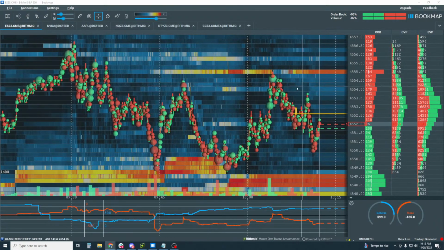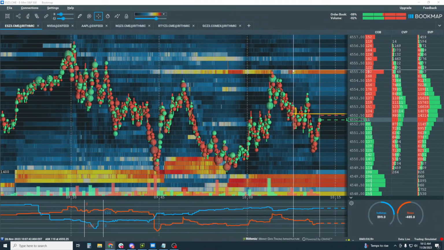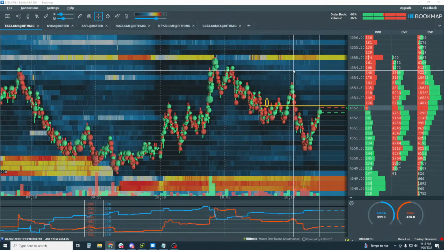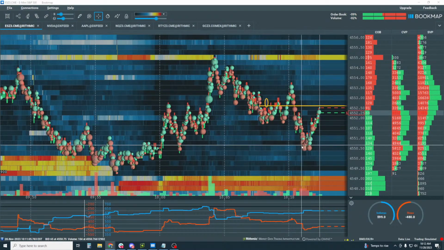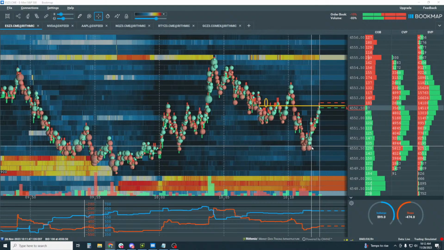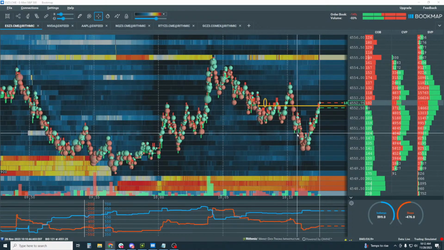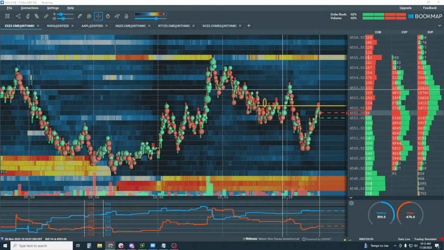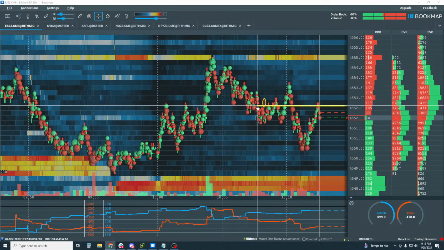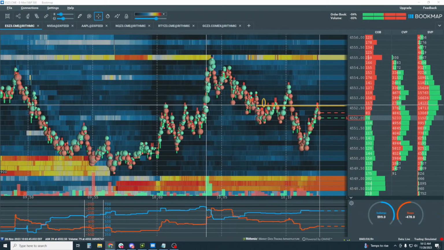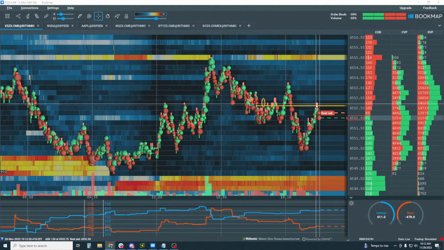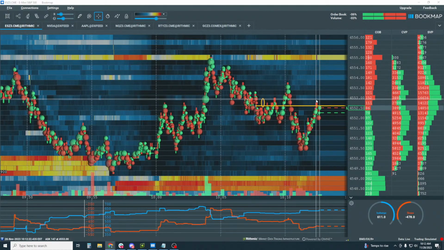So there's some selling interest in here is what it's telling us. Don't be surprised if a lot of sellers come in, is basically what the order flow is telling us. Anyway, we're back right to that same area here, and there's a lack of buying right now here.